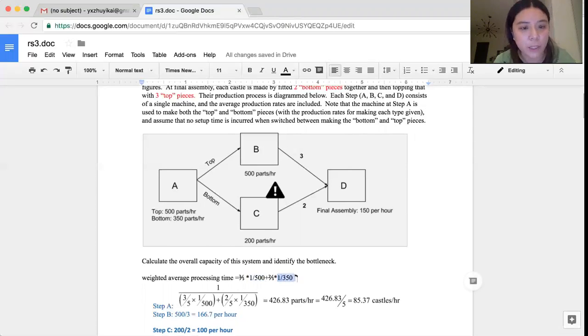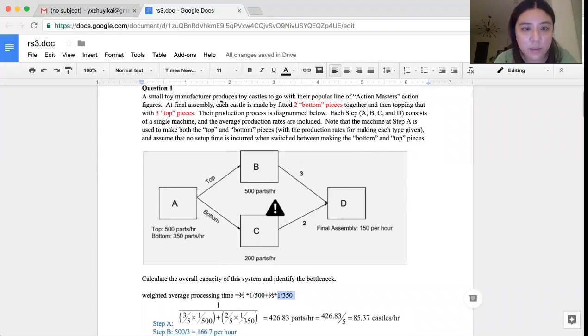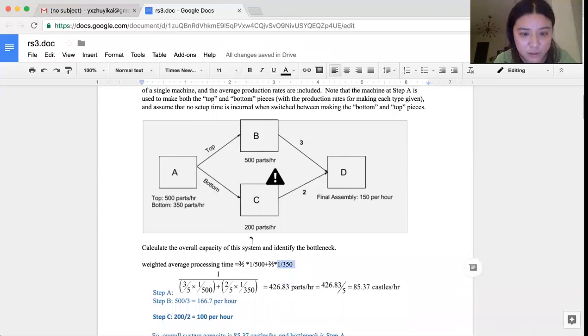And for the bottom, each hour it can process 350 parts, so for each part the processing time is 1/350. However, we know that each castle is made by fitting 2 bottom pieces and 3 top pieces.